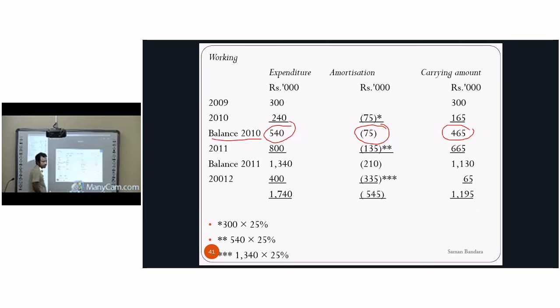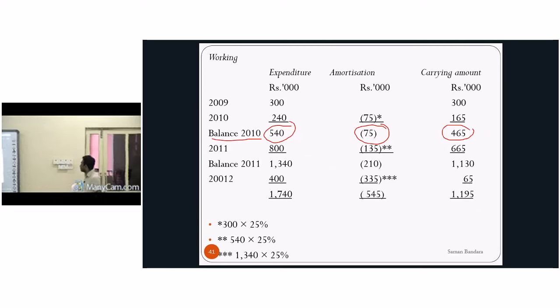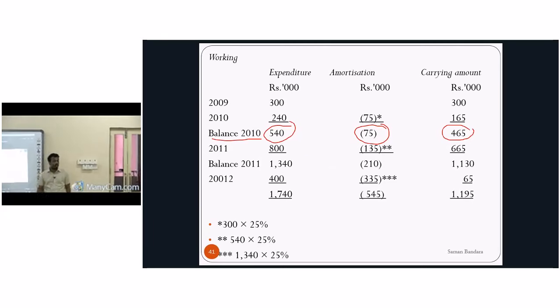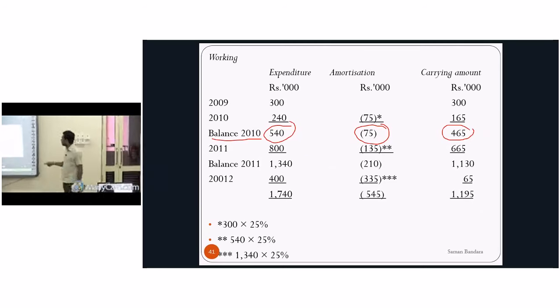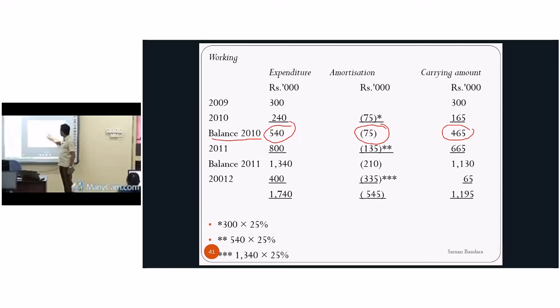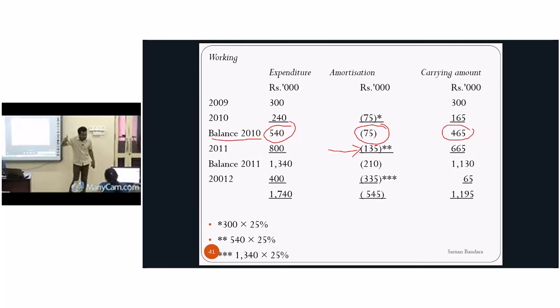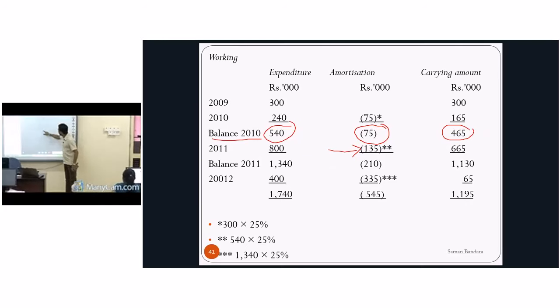So that is done already. What is next? Then what is 2011 amortization? They have not amortized at all. Then what is 2011? It means this year's amortization. How to take this much? 135. Second year amortization. From the first year we take 75.